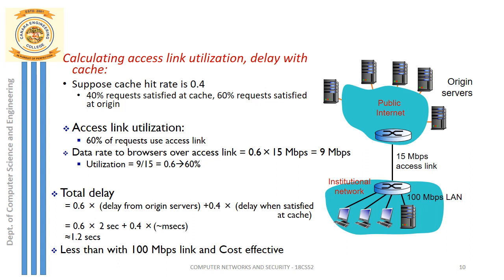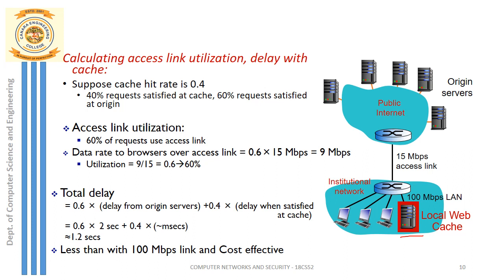Now we calculate the access link utilization and total delay by introducing a web cache in the institutional network. So here we have considered a web cache in the institutional network. Now some of the requests will be served by the local web cache and some of the requests will be served from origin servers.